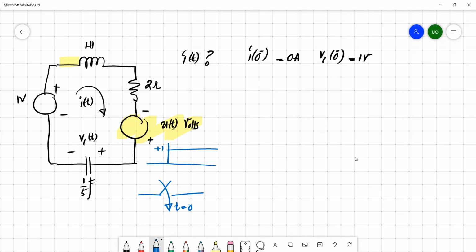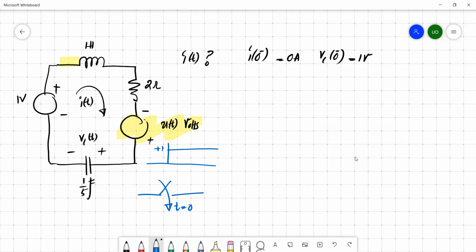That's why it says that just before the unit step u(t) applies, at t less than 0, the circuit is in DC steady state with the initial conditions of I0 minus being 0 ampere, and the voltage across this capacitor would be 1 volt. So these are the initial conditions and you are asked to evaluate the current response of the circuit.